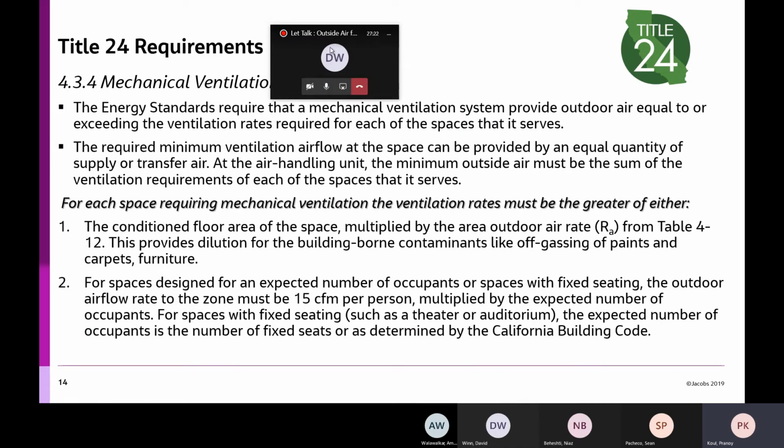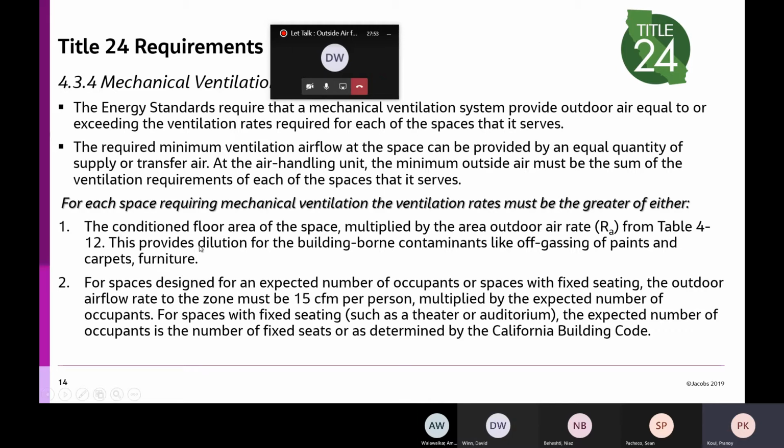So again, let's do a visualization right now. I would just like you to visualize that you have an air handling unit serving different zones. In order to understand the total outside air requirement for that air handling unit, you would want to calculate the Vbz value for each occupancy zone which you have.